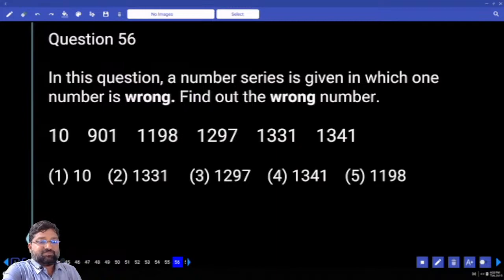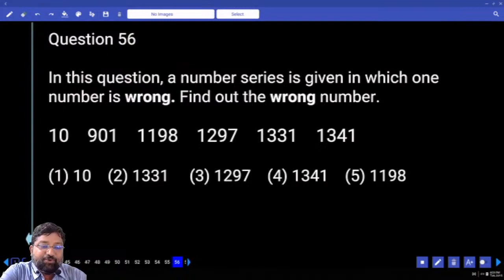Increasing order. What should I do? Whatever you say, I'll do that. Where do you want me to start from? Shall I go for difference or shall I go for... What should I do?